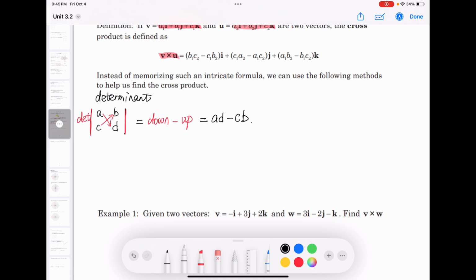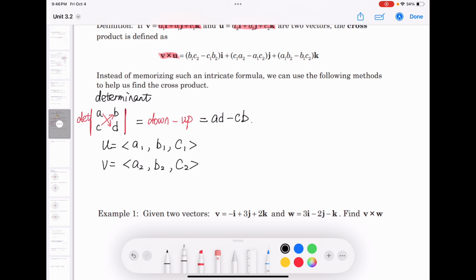What's the relationship between the cross product and the determinant? For example, if I have two vectors, let's say this is U, equal to A sub 1, B sub 1, C sub 1. And this is V, equal to A sub 2, B sub 2, and C sub 2.